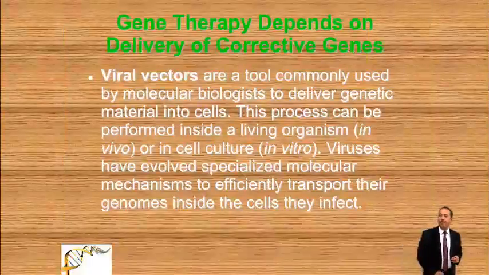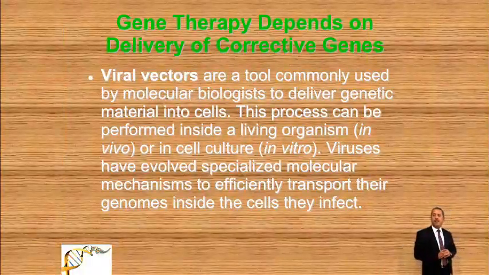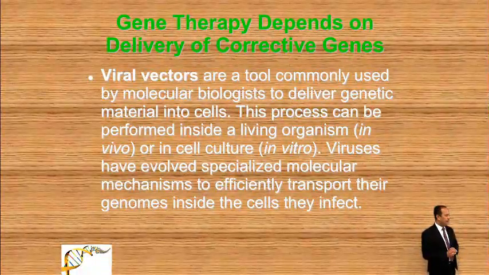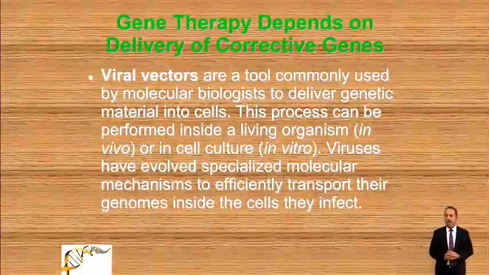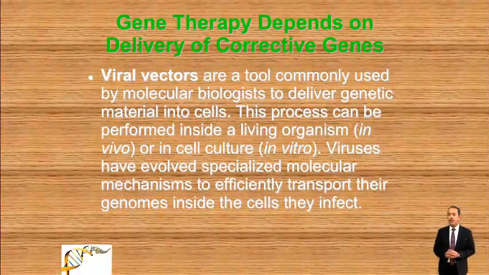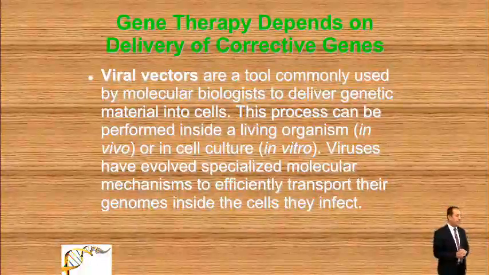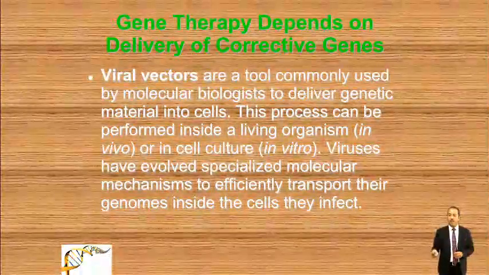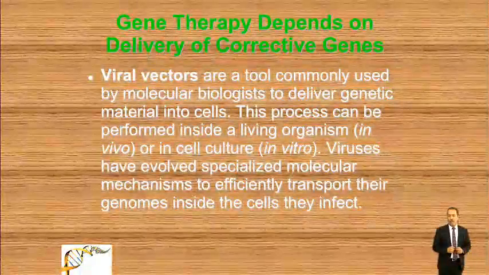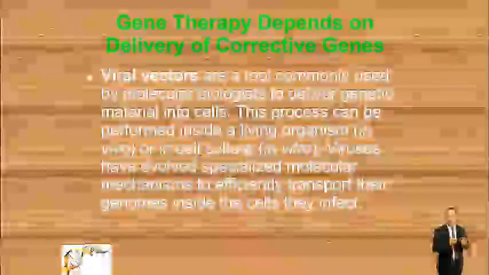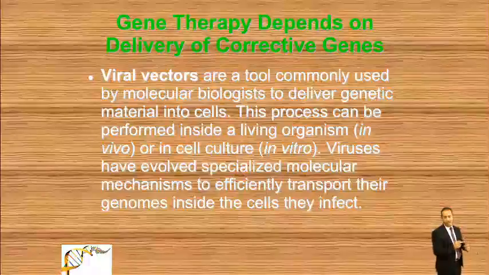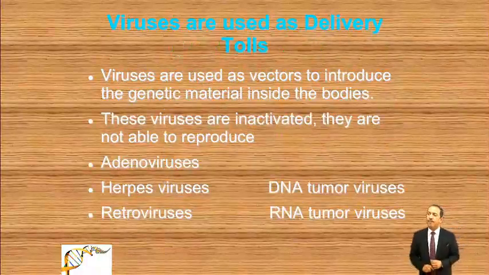Okay. Now, gene therapy depends on the delivery of correct genes. Viral vectors are tools commonly used by molecular biologists to deliver genetic material into cells. This process can be performed inside a living organism, in vivo, or in cell culture, in vitro. Viruses have evolved specialized molecular mechanisms to efficiently transport the genome inside the cell and then infect.